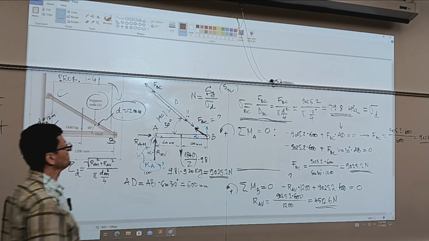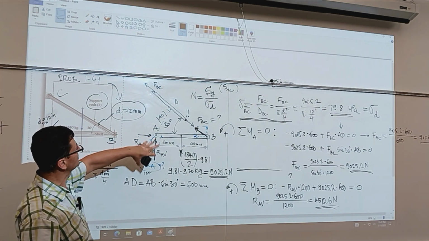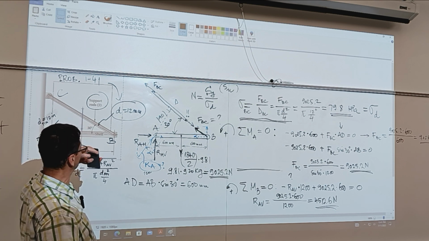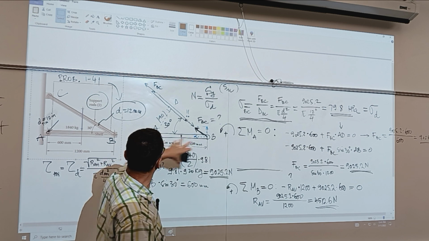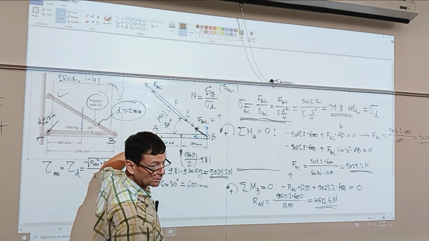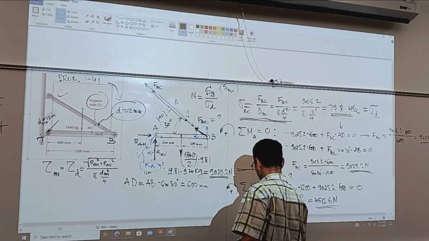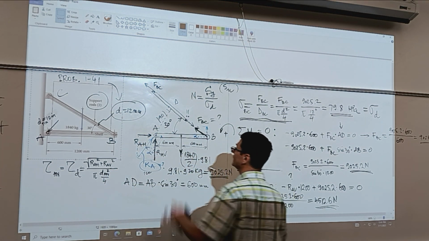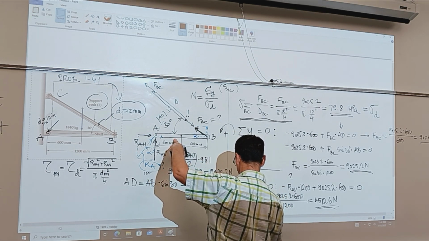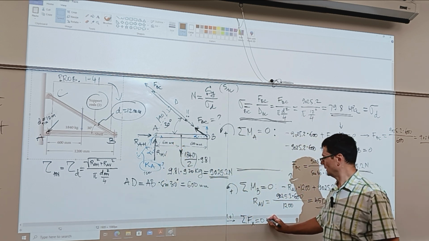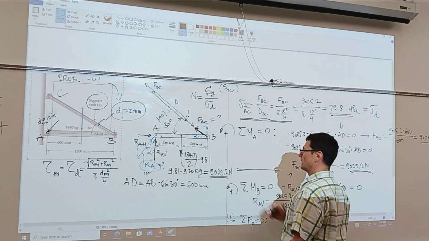Now for the horizontal component, can I write a moment equation? No, unless I choose a point outside of the beam. So for the horizontal component, I'm going to just sum forces in the x direction, with positive to the right.